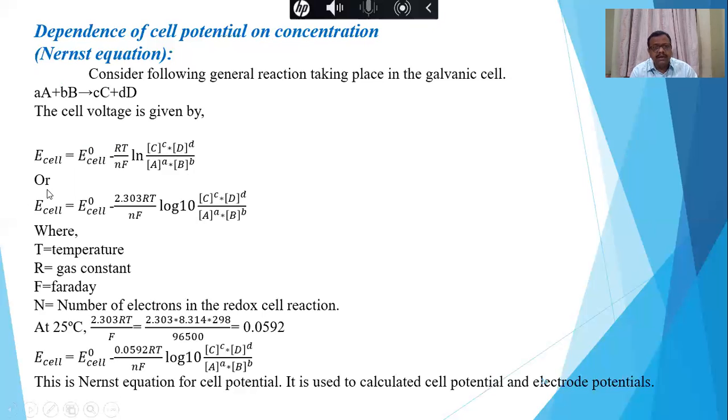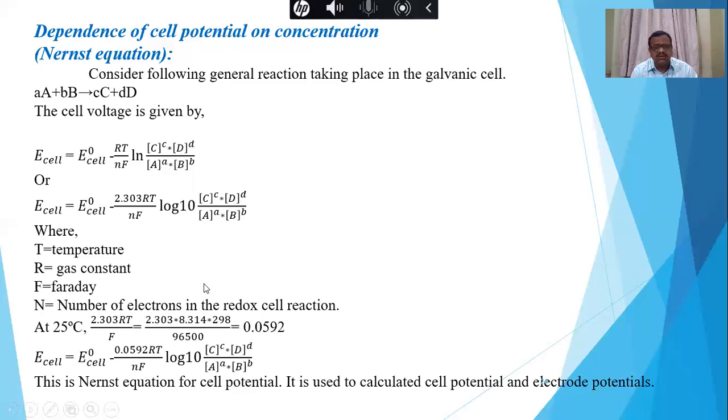Or, EMF of a cell is equal to E standard cell minus 2.303 RT upon nF log with base 10 of C to the power c into D to the power d upon A to the power a into B to the power b.